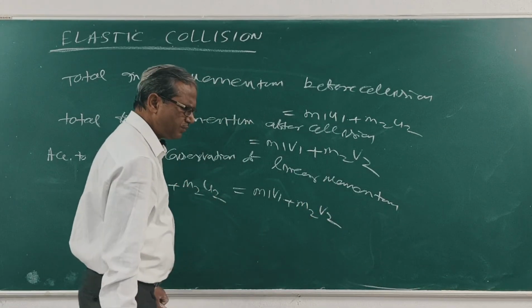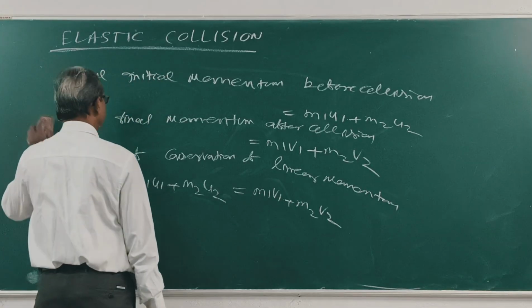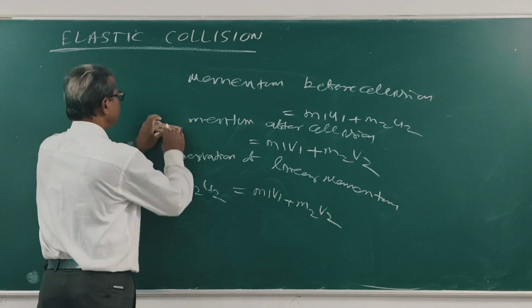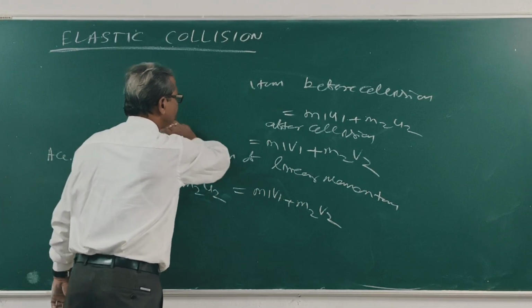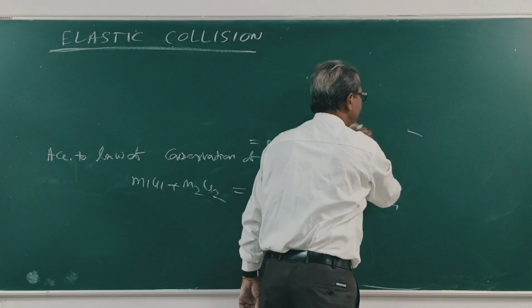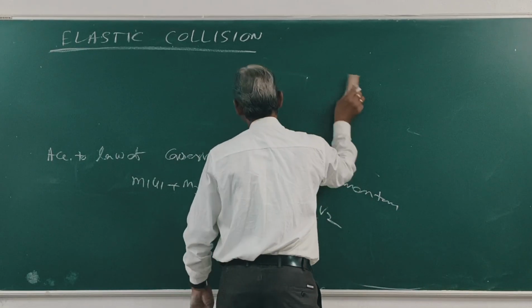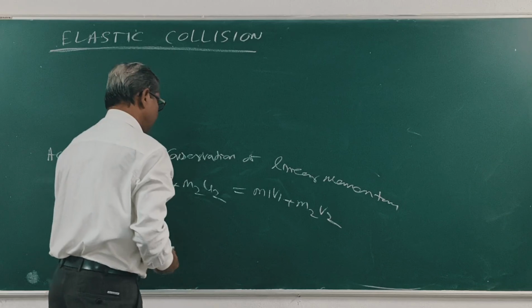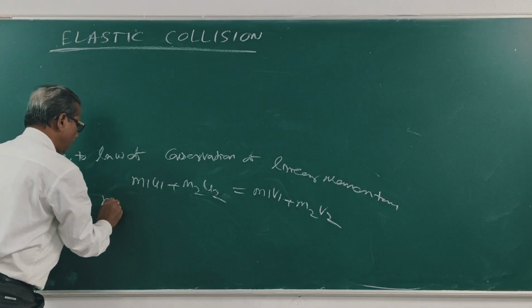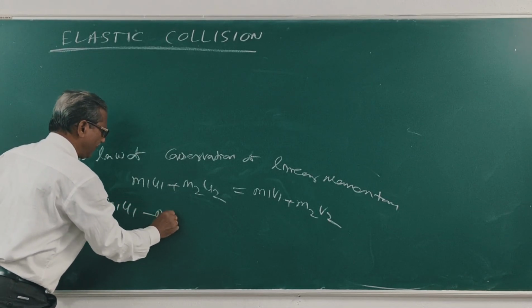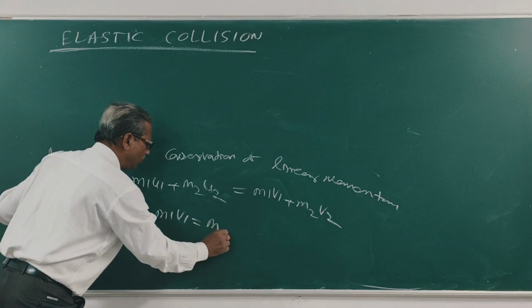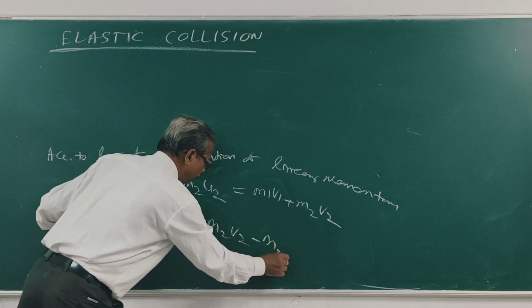Rearranging, m1 u1 minus m1 v1 is equal to m2 v2 minus m2 u2.